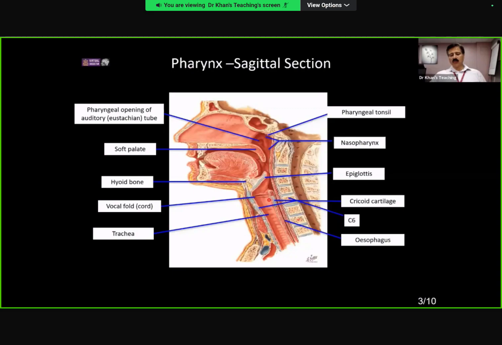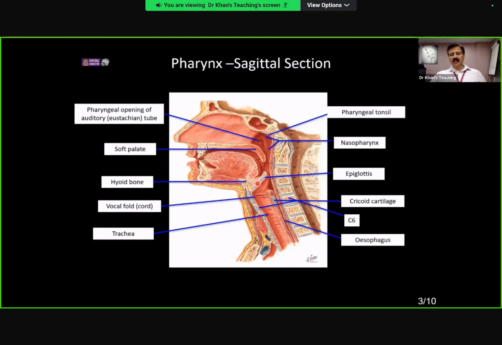And this is the cricoid cartilage, and this is the epiglottis. Take home point on this diagram is midline hyoid bone. If you see the epiglottis, there is a fold of mucosa which is going from here to the tongue, and we call it glossoepiglottic fold. And within that is what we call the hyoepiglottic ligament.